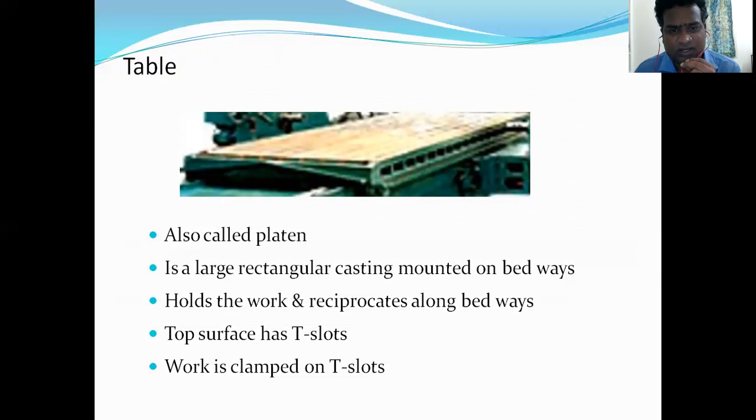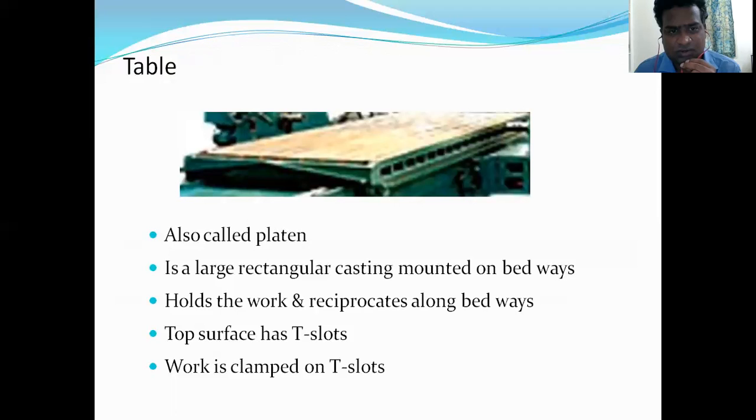Because we provide T slots, as we have observed in the shaper and the slotter. With these T slots, the workpiece is clamped, so the workpiece will not get any vibrational effect during the machining operation. On these T slots, the work is clamped.